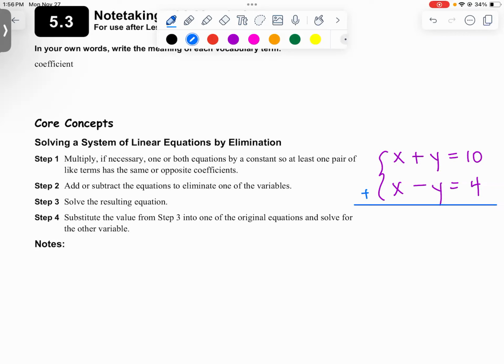Since y and minus y are opposites, if we were to add the two equations together, what's x plus x? And what's y plus minus y? Nothing. And what's 10 plus 4? Hey, Kyron, what's x?